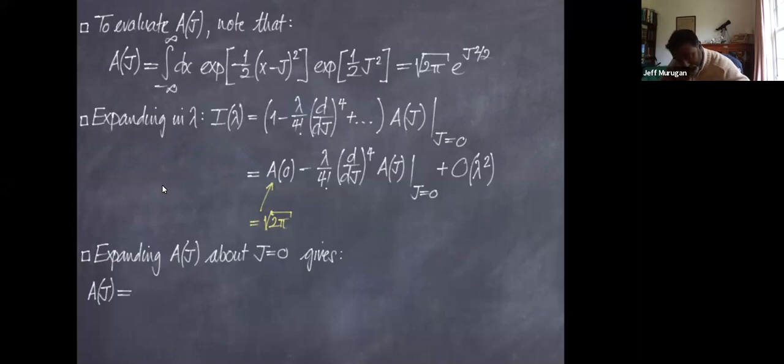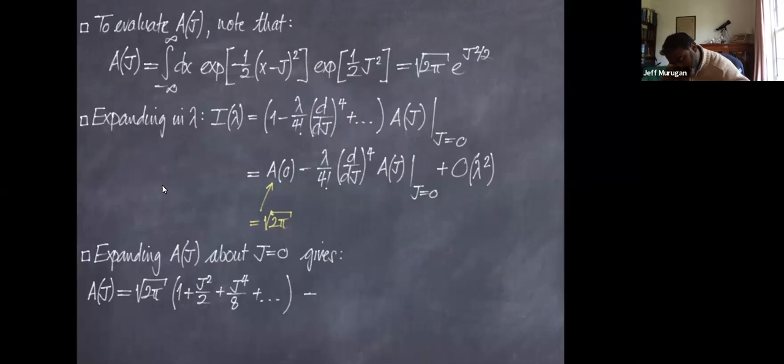A of J is square root of 2 pi times, this is coming from the exponential, 1 plus J squared over 2 plus J to the 4 over 8 plus terms that are higher order in J, right?